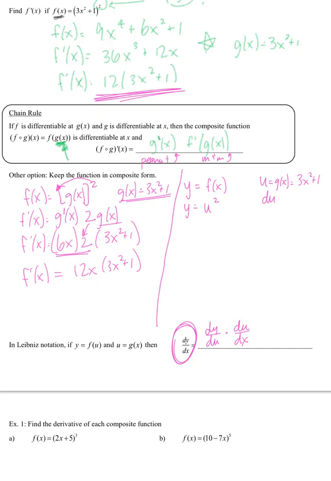Now, if I did the derivative of u with respect to x, I just get 6x. And over here, if I did the derivative of y with respect to x, and this is weird because there is no x in here, you end up with 2u du dx.